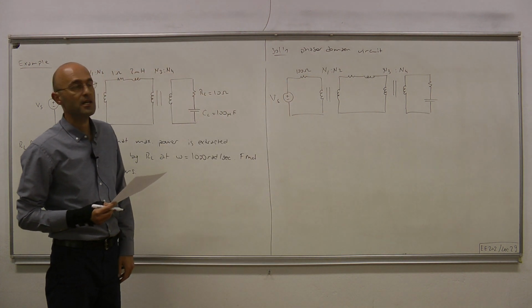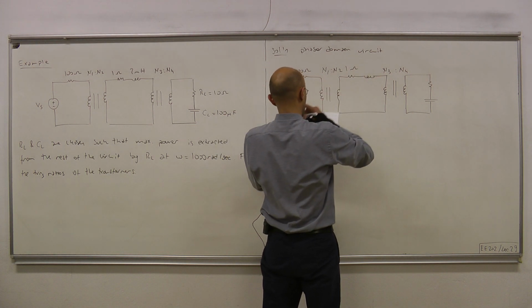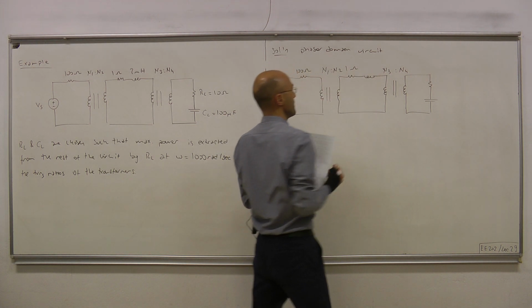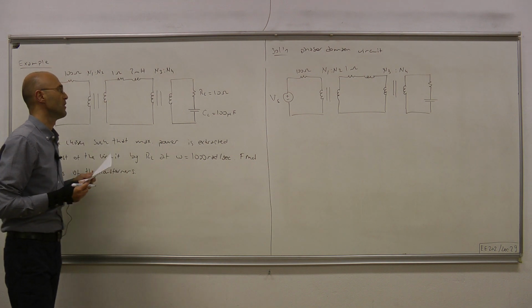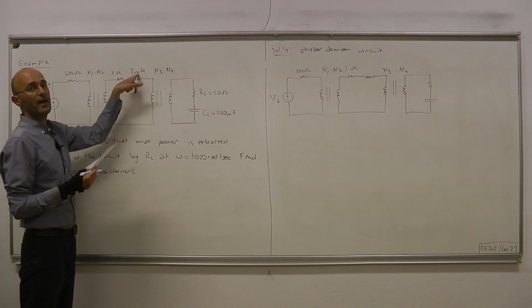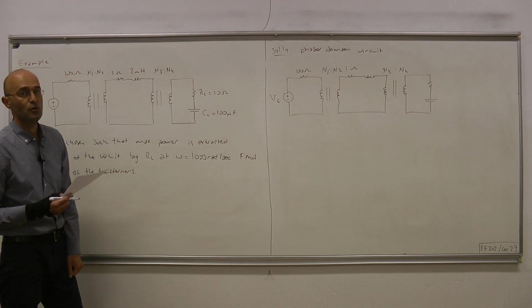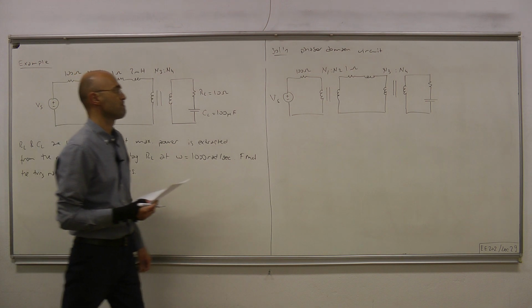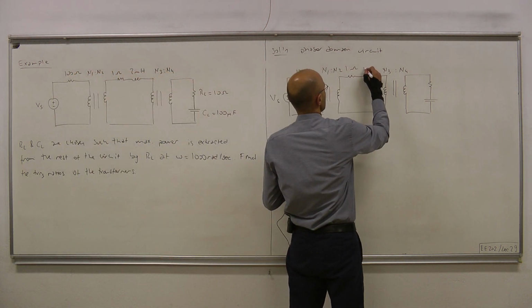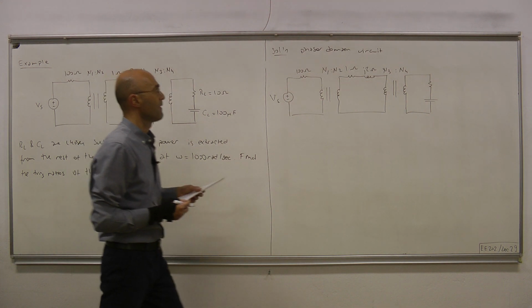Let's figure out the impedances. 1 ohm is 1 ohm in the phasor domain. The impedance of the inductor is j omega L. L is 2 times 10 to the minus 3, omega is 10 to the 3. Therefore, we have j2 ohms for the inductor.